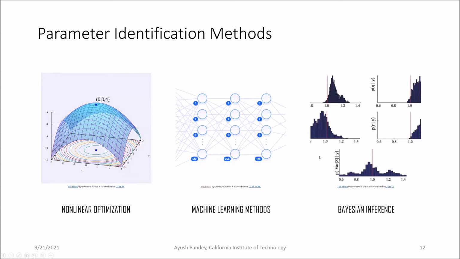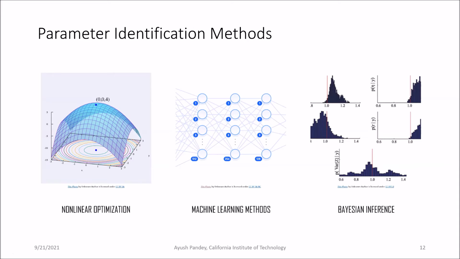And so we are left with Bayesian inference methods where, instead of identifying the exact parameter values as in nonlinear optimization, we use our nonlinear dynamical models and try to identify the parameter distributions. Those are called posterior parameter distributions given the experimental data.